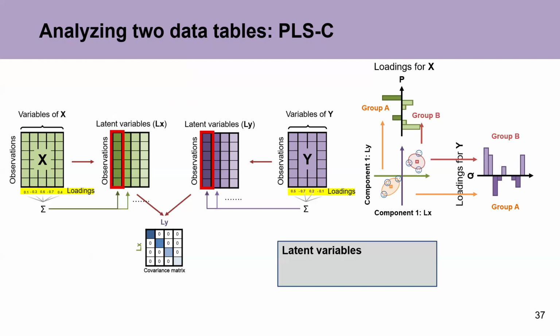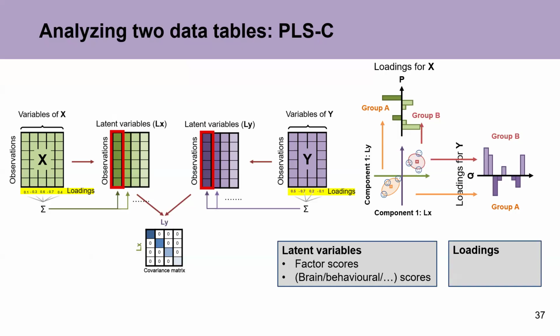Latent variables also go under different names. You might see people call them factor scores or sum scores. A lot of literature will call them brain scores, behavior scores, social cognitive scores, whatever, they'll just put the name in front of the scores to mean latent variables because they're new scores.